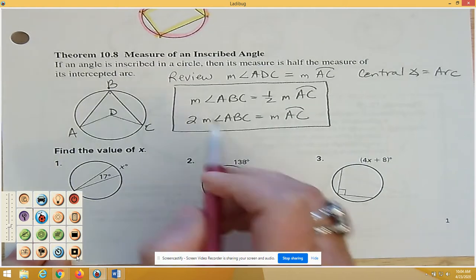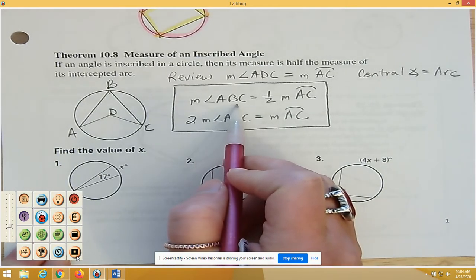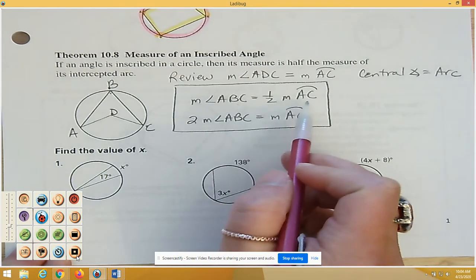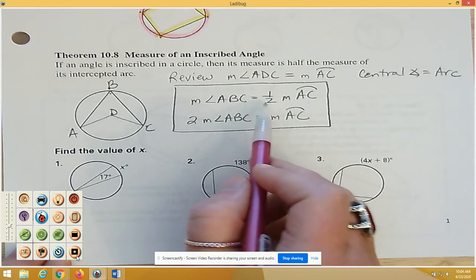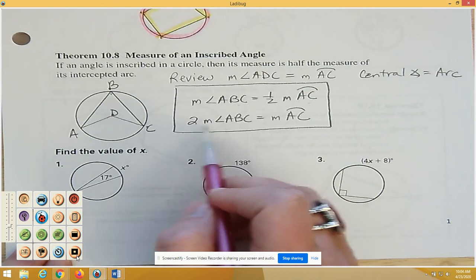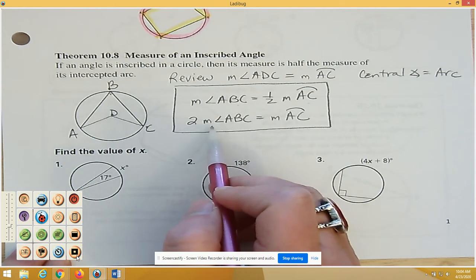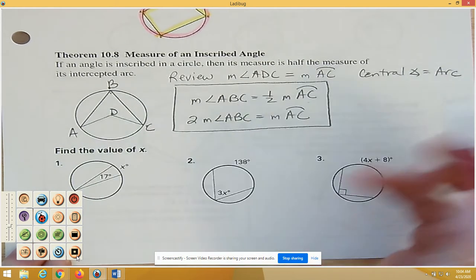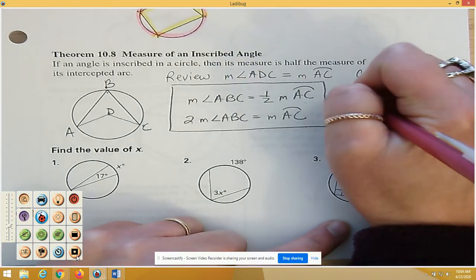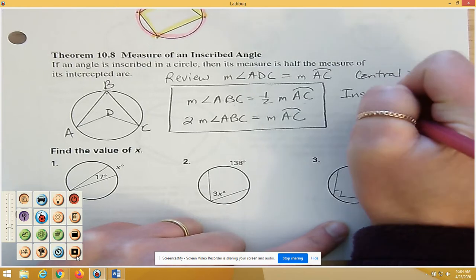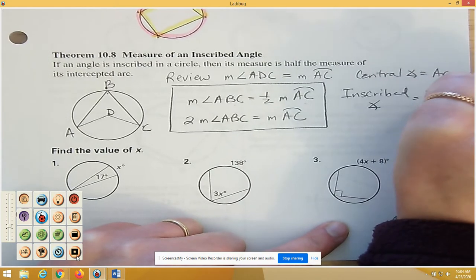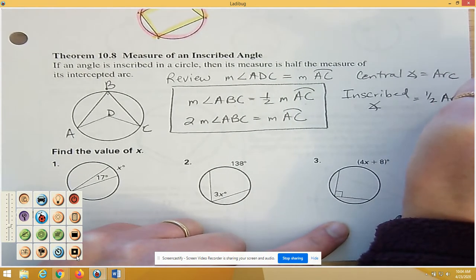So the measure of the inscribed angle, angle ABC, equals half the measure of arc AC. Another way of saying that, if I multiply each side of the equation by 2: 2 times the measure of the inscribed angle, angle ABC, equals the measure of the arc. So the inscribed angle equals half the arc.